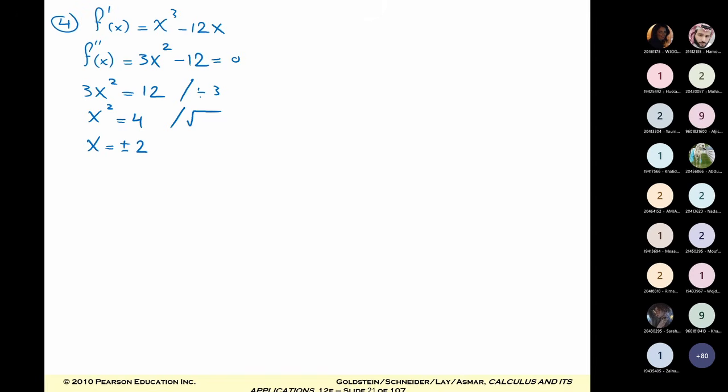Now, put the f double prime from minus infinity to infinity, and we have negative 2 and 2. We can choose the first one, for example, minus 3. We can choose 0.